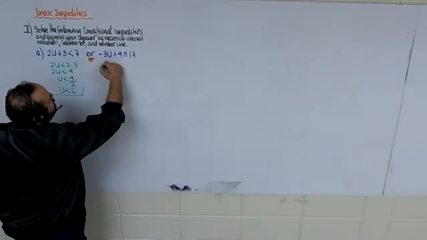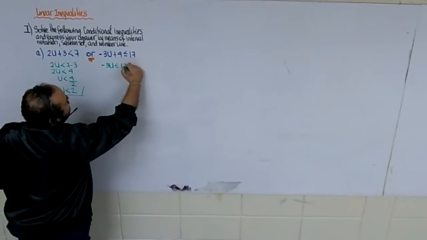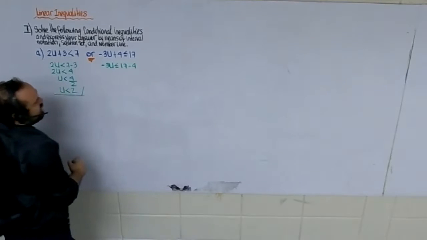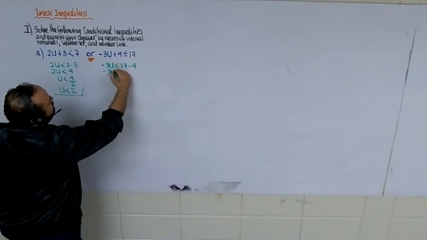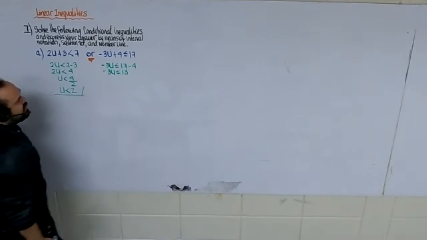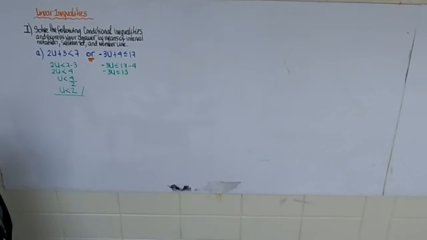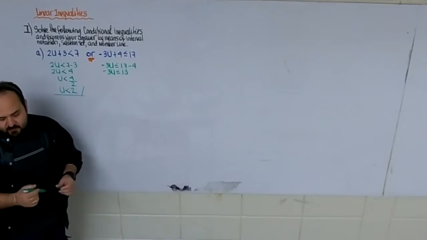Negative 3u less than or equal to 17 minus 4. Okay, negative 3u is less than or equal to 13, because 17 minus 4 is 13. And remember what happens when we have a negative number?